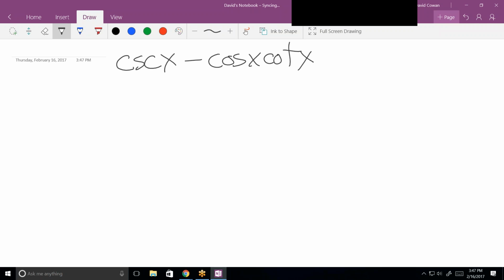Without a right side, I see the solution to all of these as just convert everything you see into sines and cosines. And maybe that's the purpose of this exercise, to show you that that is a tried and true method of verifying trig identities.